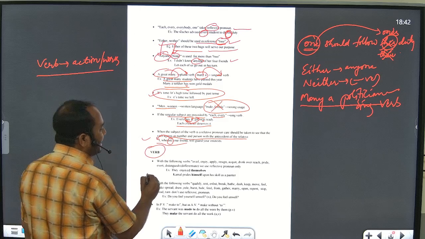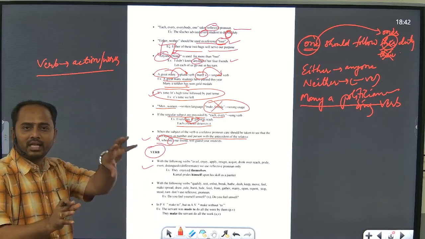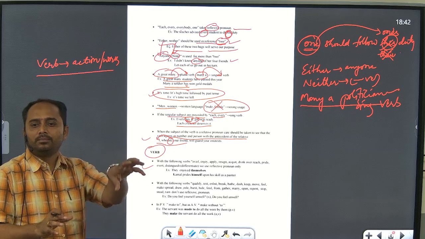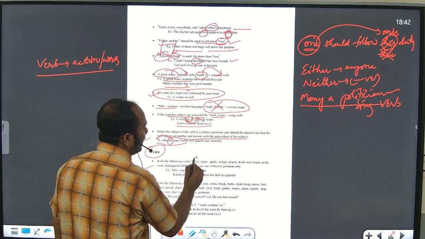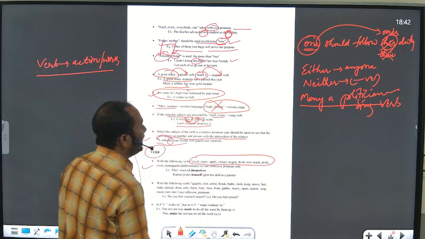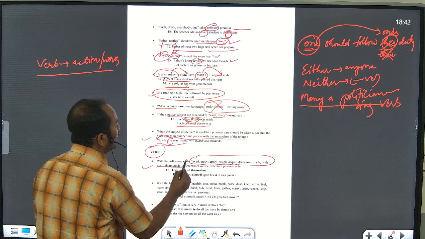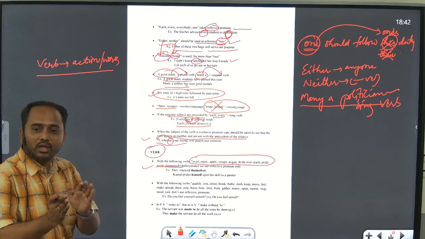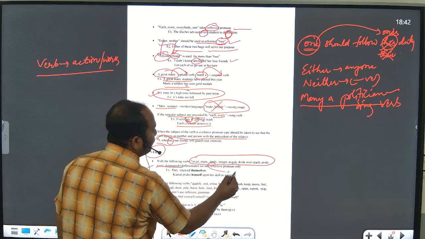But when it comes to particular verbs, a singular subject takes a singular verb. This is a primary rule. A plural subject takes a plural verb. Okay, fine. But there are certain verbs like avail, enjoy, apply, resign, acquit, drink, overreach, pride, exert, distinguish. Whenever you get such verbs, they always take reflexive pronouns.